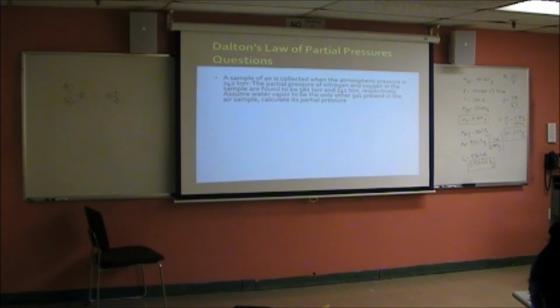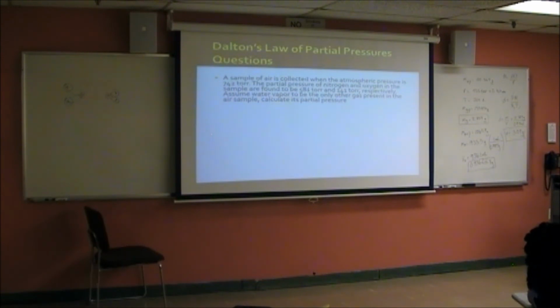Alright, let's take a question. You don't have to convert this. A sample of air is collected when the atmospheric pressure is 742 torr. The partial pressures of nitrogen and oxygen in the sample are found to be 581 torr and 141 torr respectively. Assume water vapor to be the only other gas present in the air sample. Calculate its partial pressure.